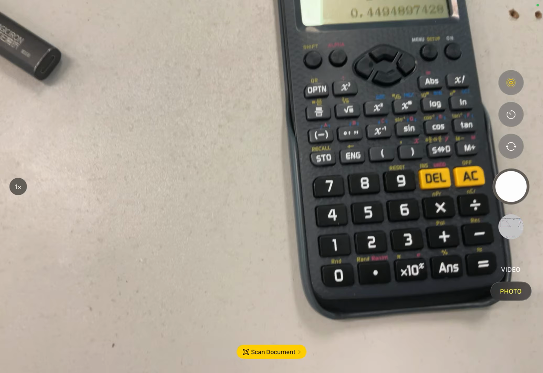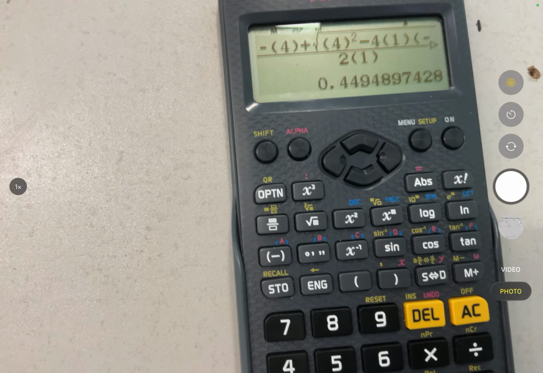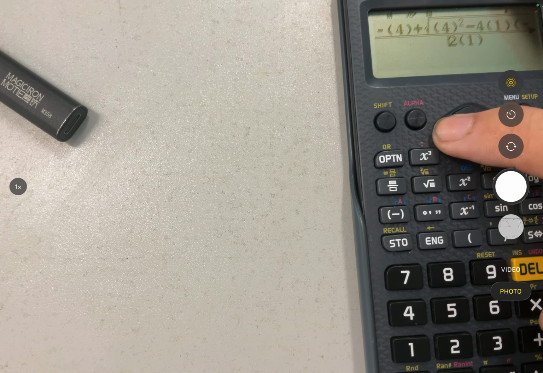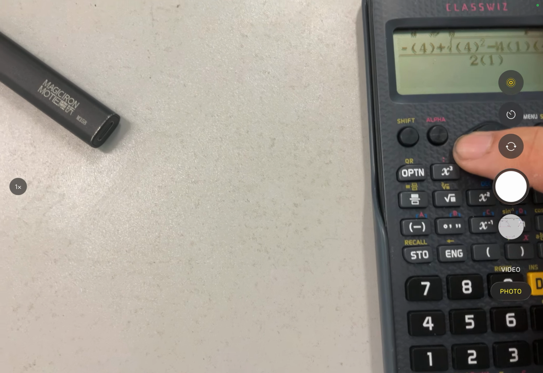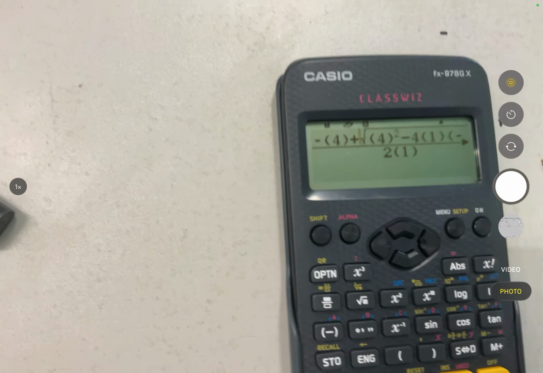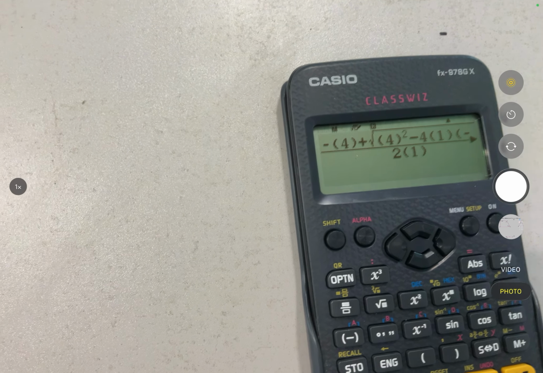I press this back cursor. This one. Then I can go back to the equation or go back to the expression. Then I bring my cursor to this plus over here.